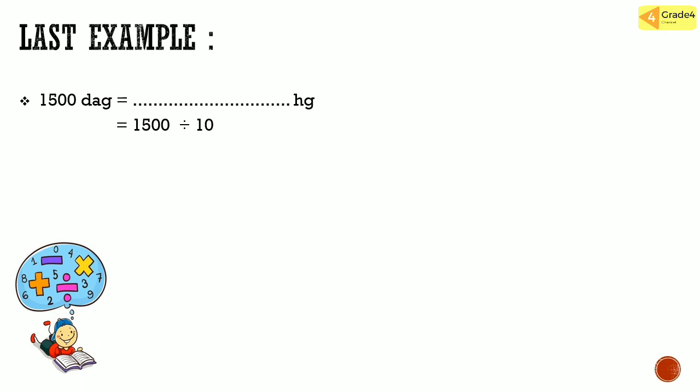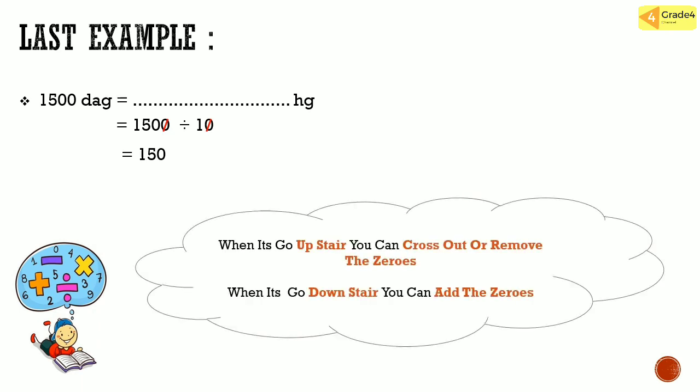We calculate by crossing out 1 zero here and do the same thing, cross out 1 zero here. So we get the result 150. You must remember that when you go upstairs, you cross out or remove the zeros, 1 zero for each step. When you go downstairs, you add the zeros, 1 zero for each step.